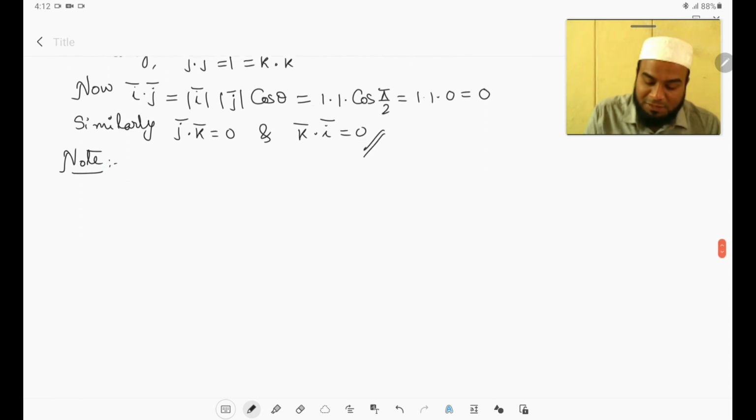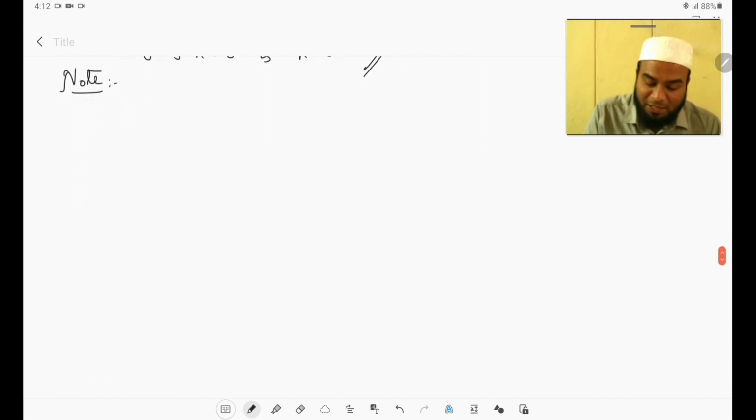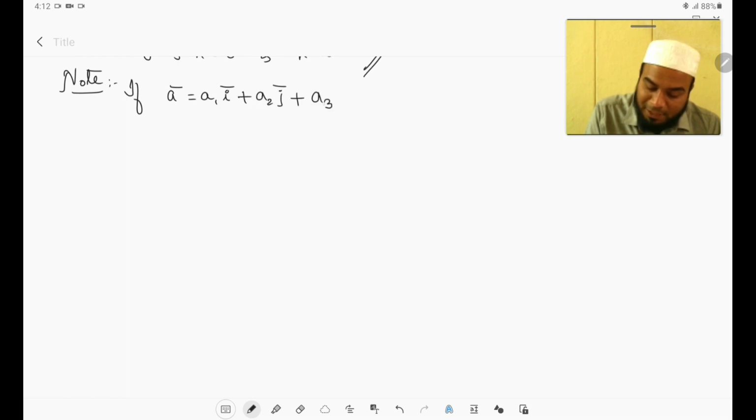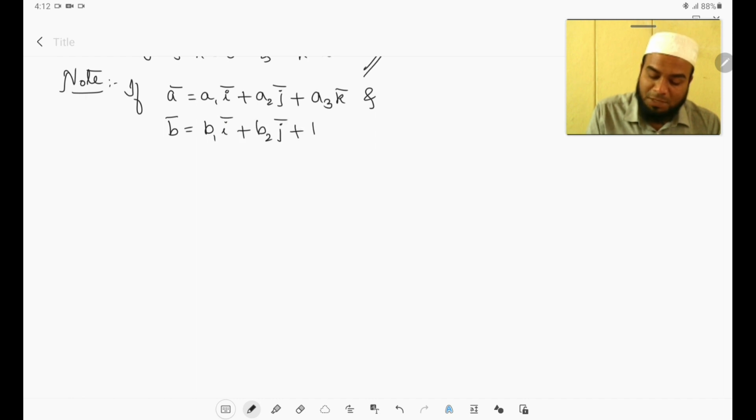In that, we will see how the vectors can be multiplied if they are given in the form a bar equals a1 i plus a2 j plus a3 k, and the vector b bar equals b1 i plus b2 j plus b3 k, right?